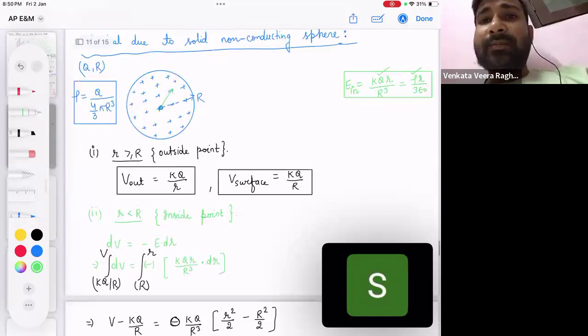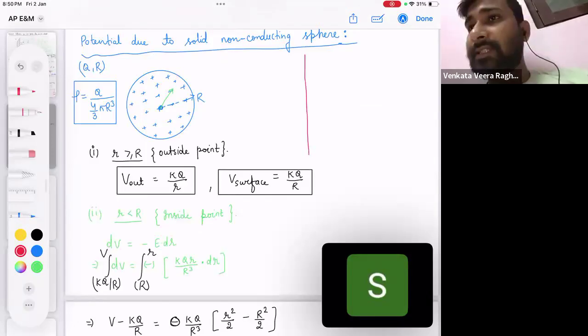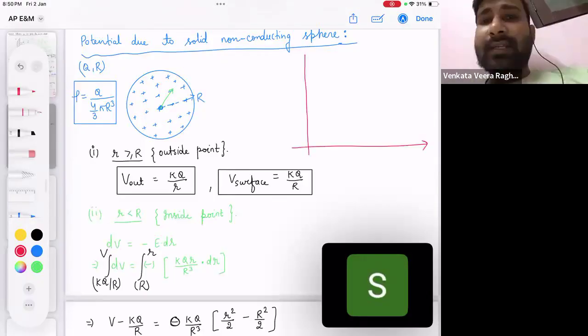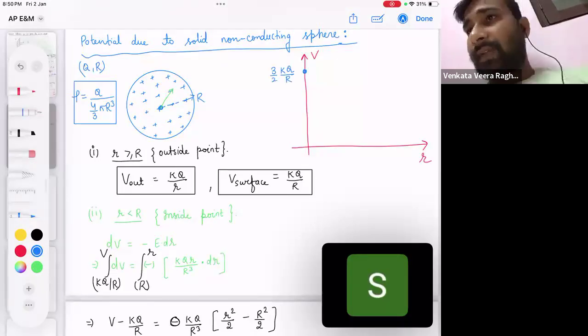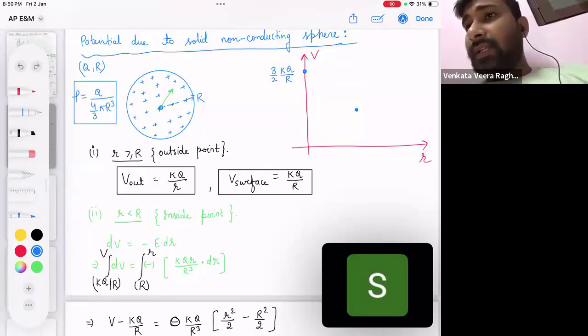So now if I want to use it again, see that and tell me the potential versus distance from center. Can I say initially what is the value at the center? And when we reach the surface, the value becomes KQ/R.